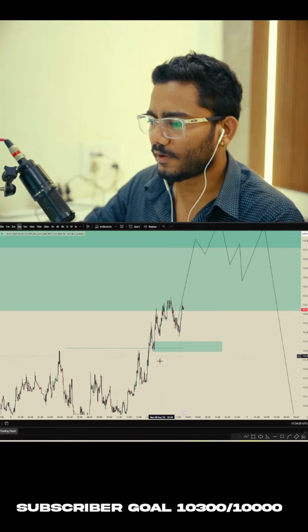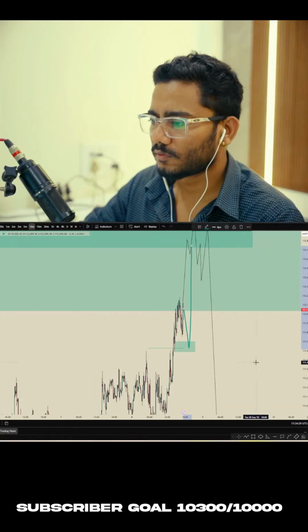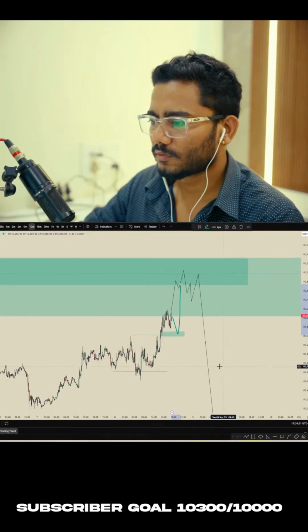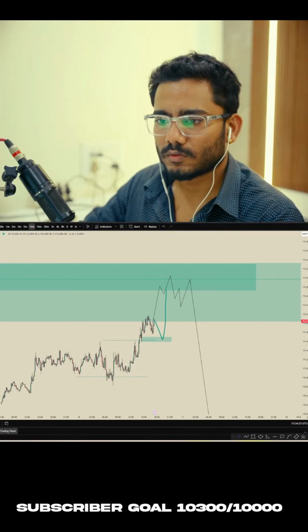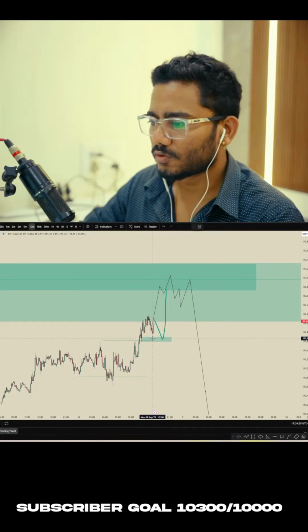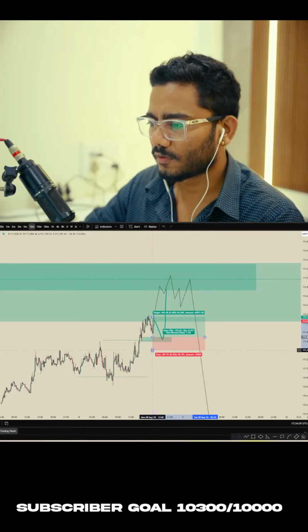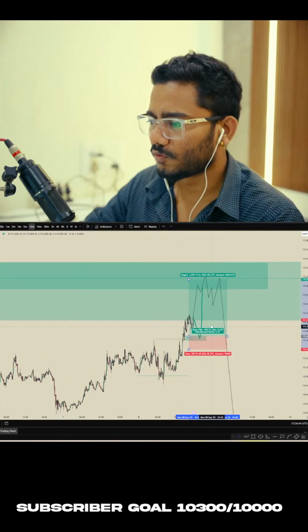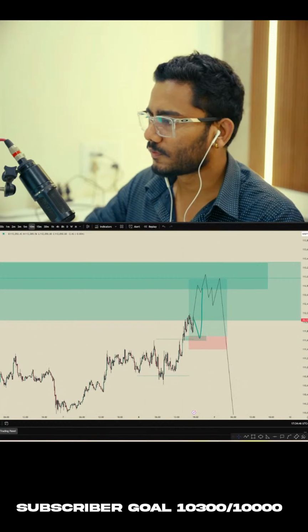Price is creating trendline liquidity, so it should tap this area and it can continue. So you can look for a buy side entry, stop loss below this area, target the next high. It's around 1:4.